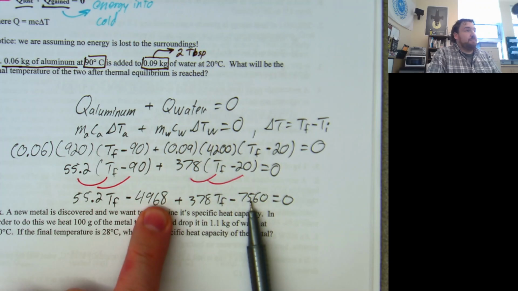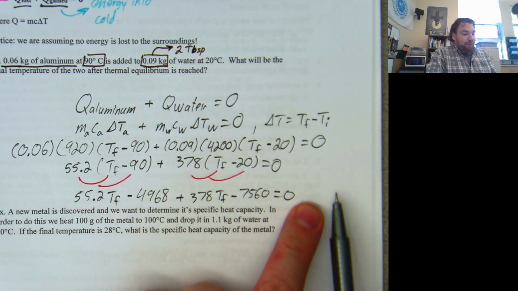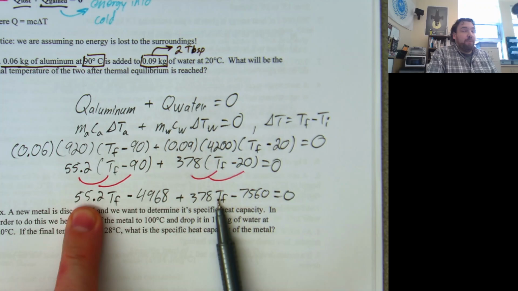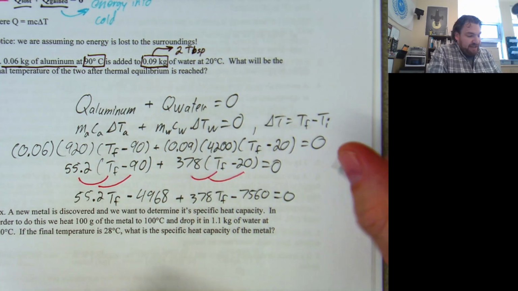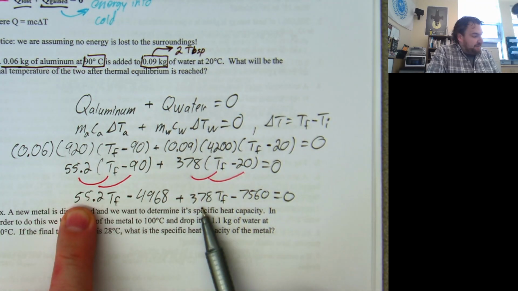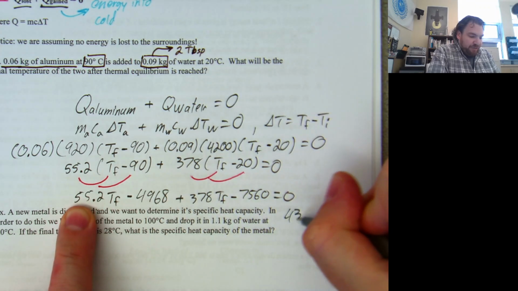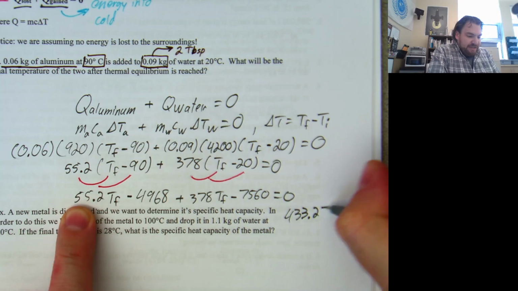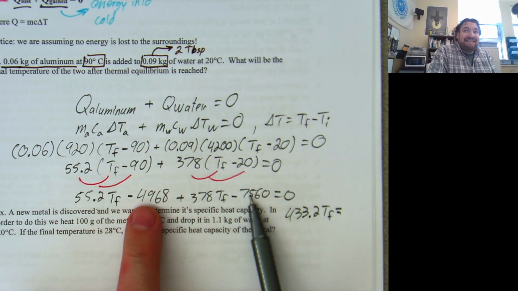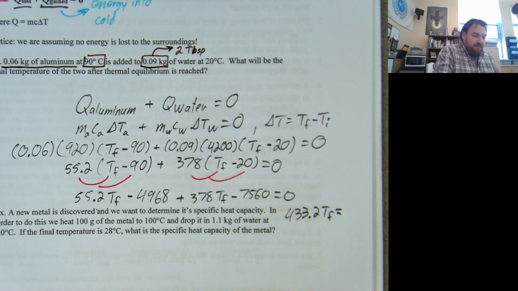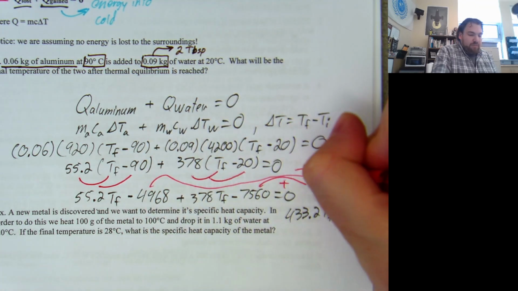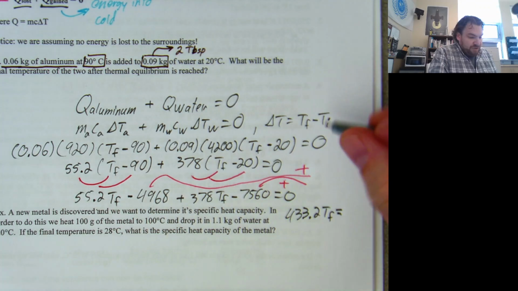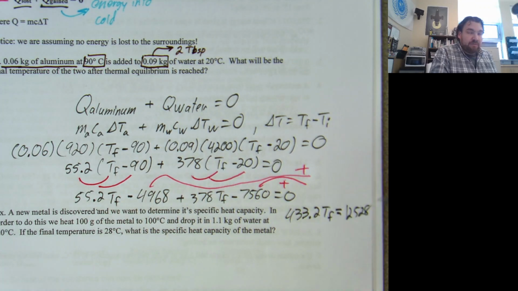These two are just numbers. They're both negative. We're going to add them over to the other side. And we're going to combine these two terms. They both have the T final thing that we're looking for in them. When we do that, what we're going to get is that 55.2 plus 378 is going to be 433.2 T final, and that's going to equal, when we add these things both over to the other side, 12,528.